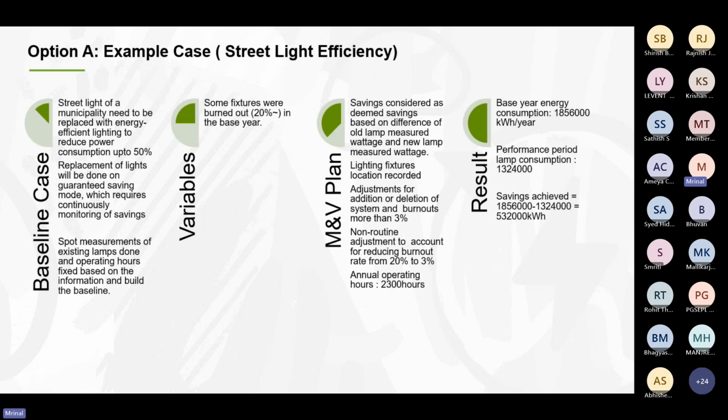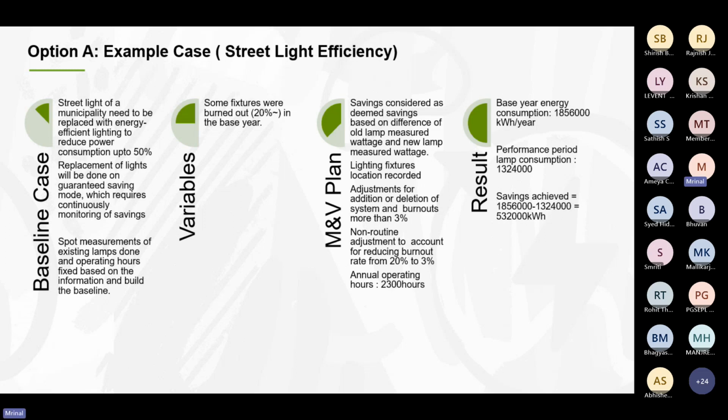This is the variable that we need to fix. So what should be the M&V plan? Savings are considered on a deemed savings basis because this is simple lighting. With the spot measurement, we know the actual energy consumption of the existing lighting, and we know the energy consumption of the proposed lighting.